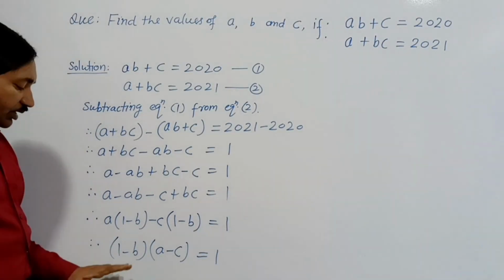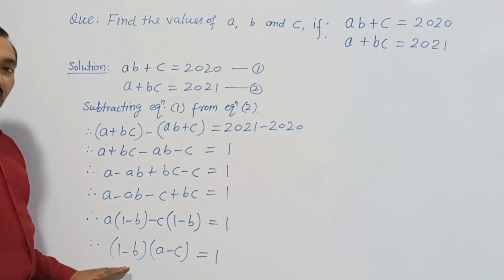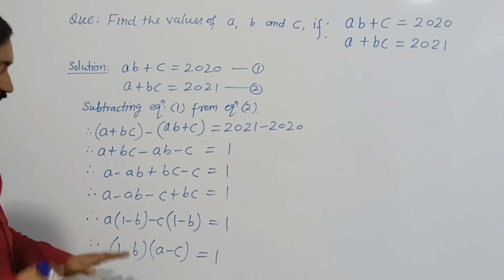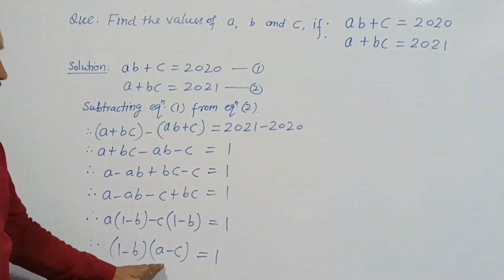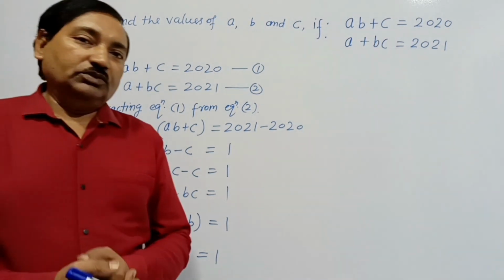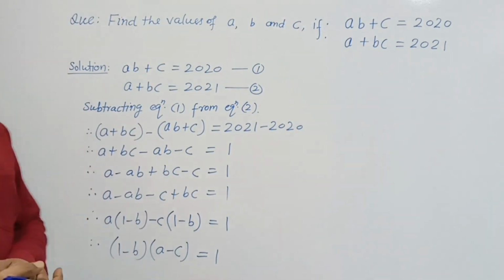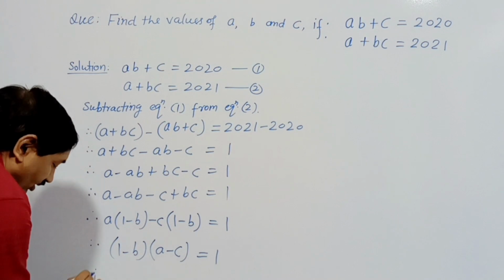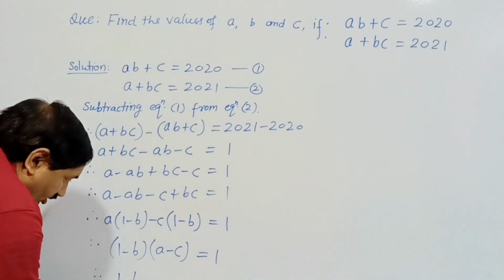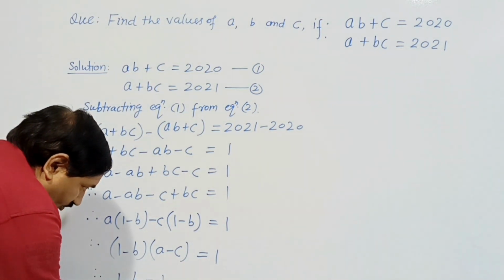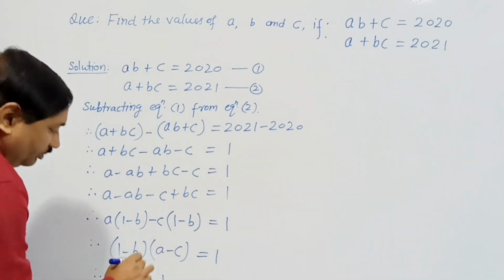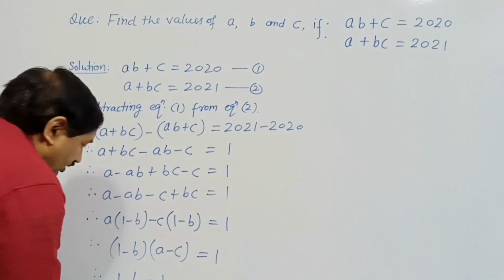Now there are two cases: either 1 minus B equals 1 or A minus C equals 1. Either 1 minus B equals 1 or A minus C equals 1. So there are two cases.